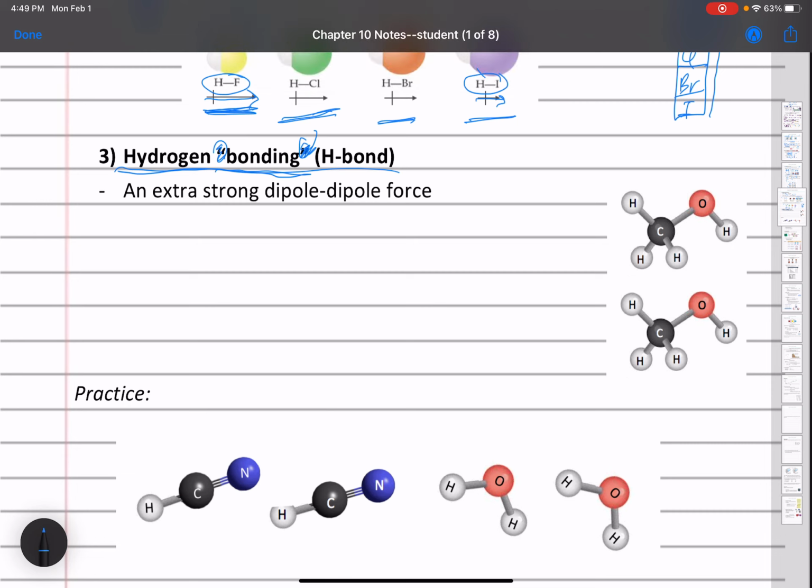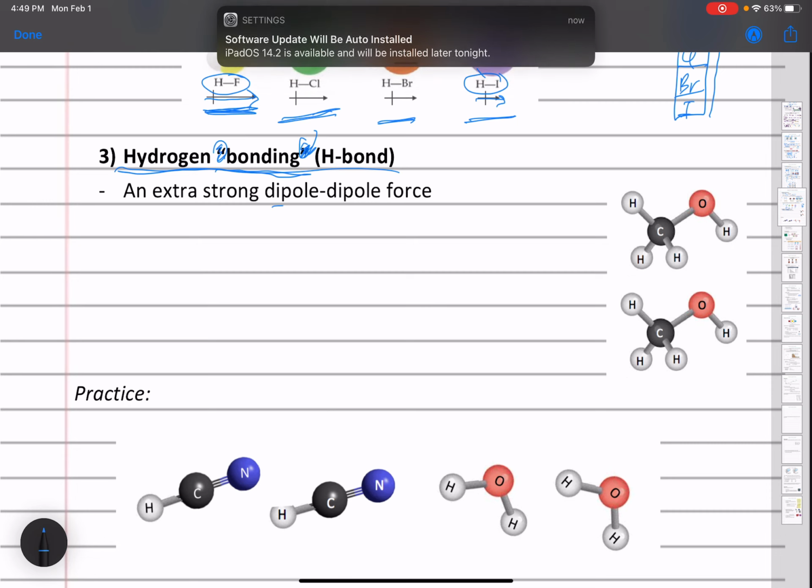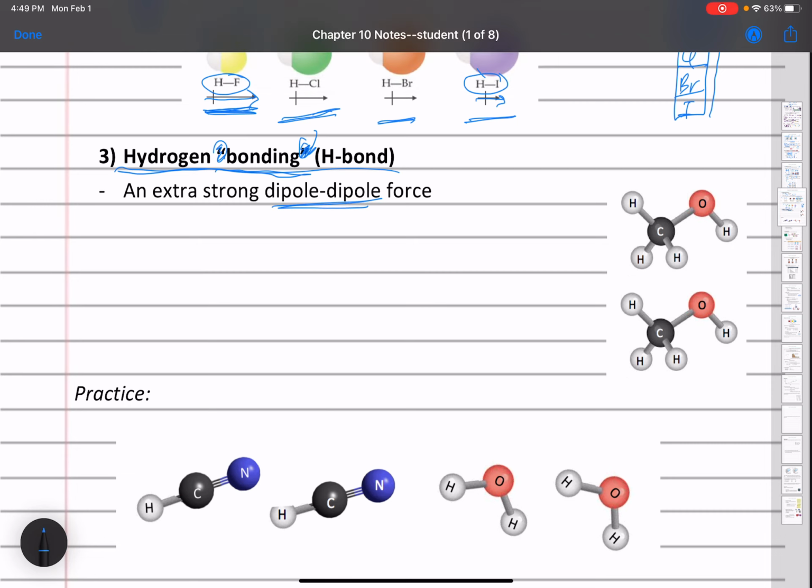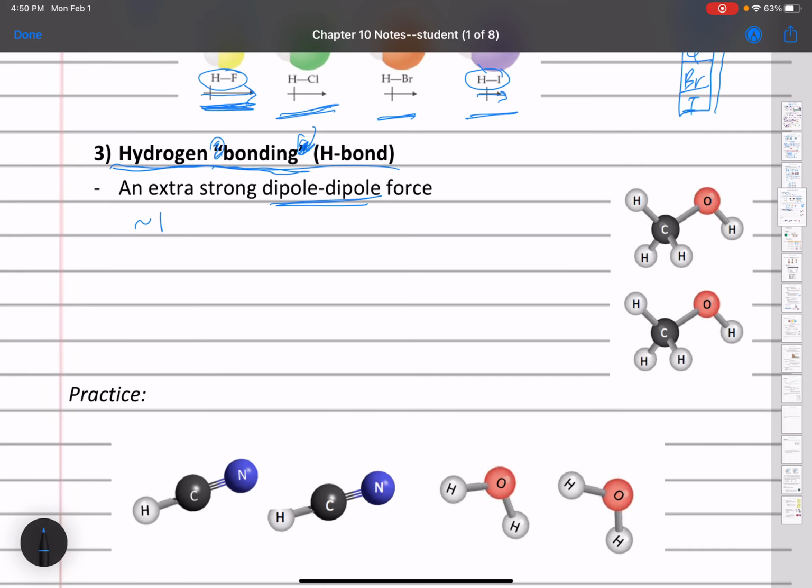Really, hydrogen bonding is an extra strong dipole-dipole force. It just happens when we have two polar molecules, but specifically they are polar molecules that have a hydrogen bonded to a fluorine, oxygen, or nitrogen, the top 3 electron hogs. Because when the hydrogen is bonded to one of these 3 guys, its partial positive charge is particularly large.